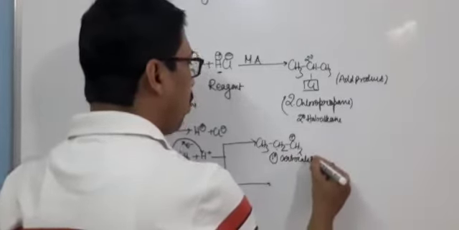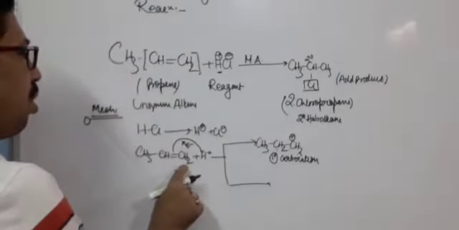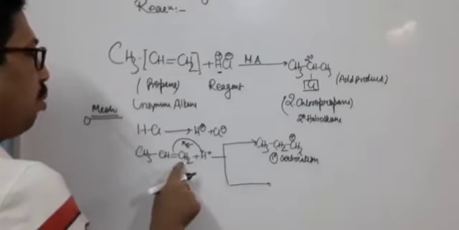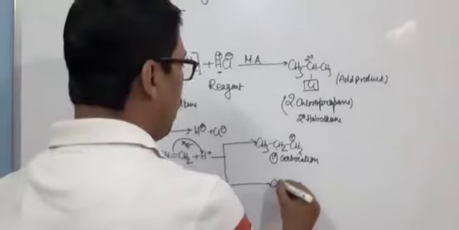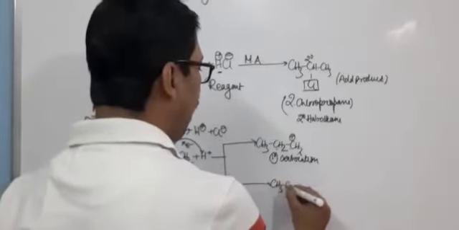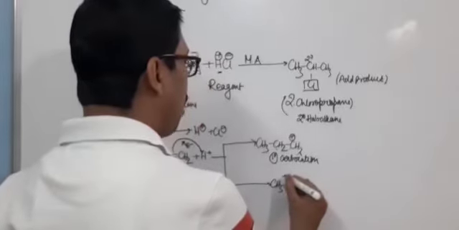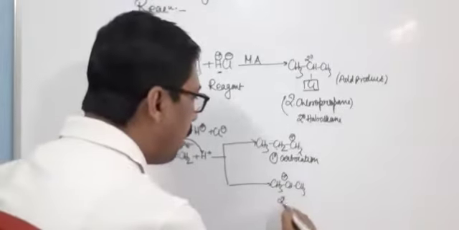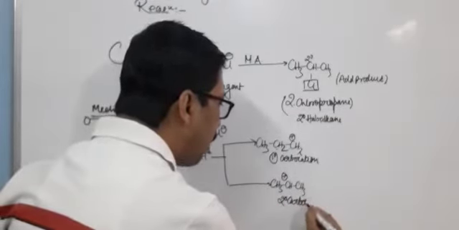This is 1-degree carbocation. And if we attach the H plus ion to the right hand side of the double bonded carbon, then we are getting this. This carbon is an electron deficient middle carbon, so it will be 2-degree carbocation.